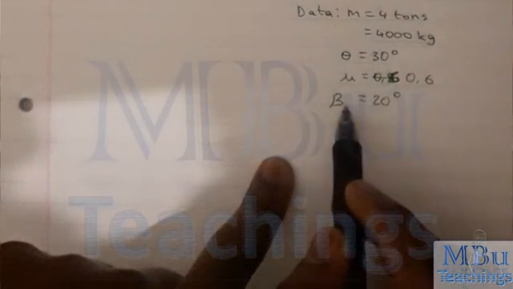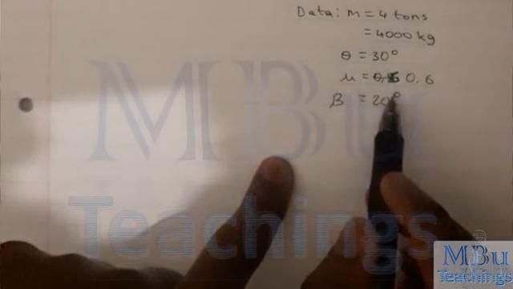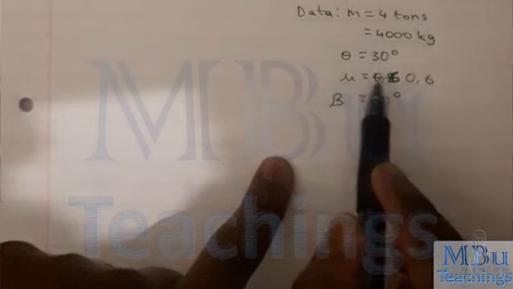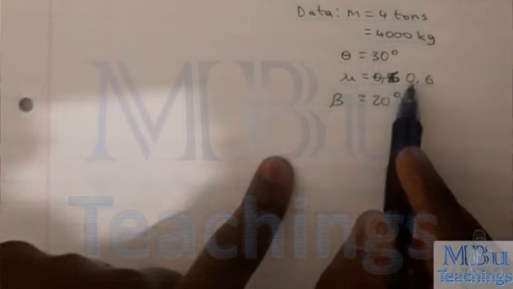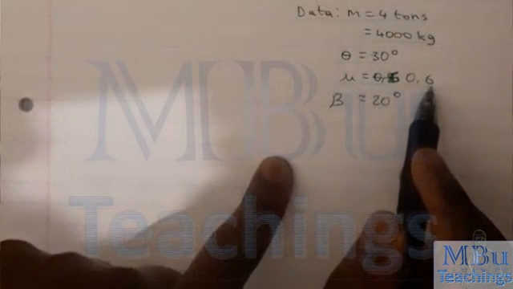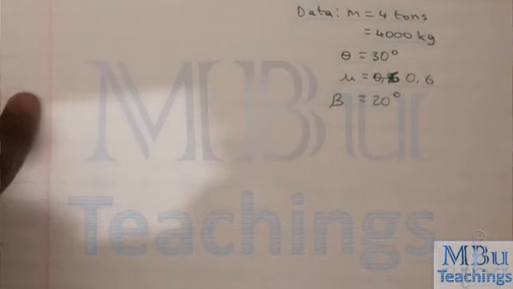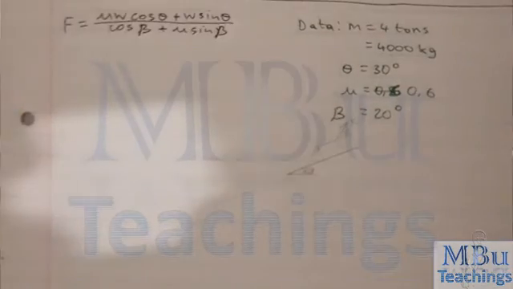Then the 20 degrees is the angle of the force, that is beta. We also have the coefficient of friction, which is 0.6. The question says calculate the force required to pull the object upwards against the slope if the pulling force forms an angle of 20 degrees with the incline.